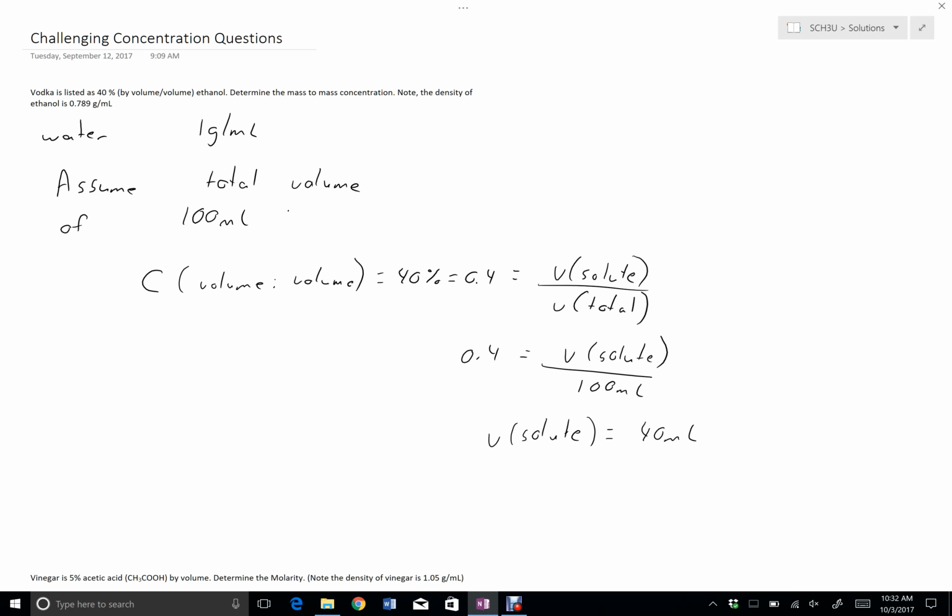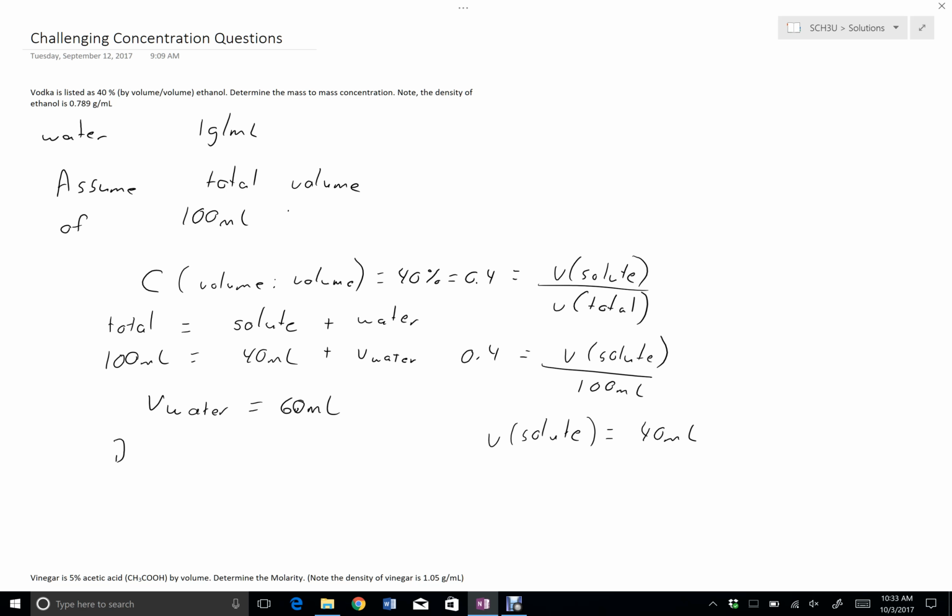If I have 100 milliliters total, and I have solute at 40 milliliters, then I must have, assuming that this is a solution in water, 60 milliliters of water. So now I have the volume of my solute, which is my alcohol, and the volume of my water. I can use the density of each to get the mass of each item.